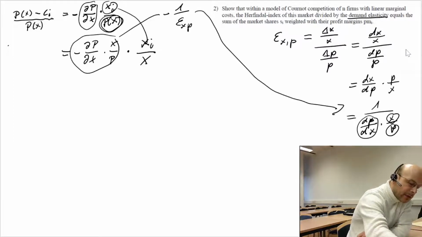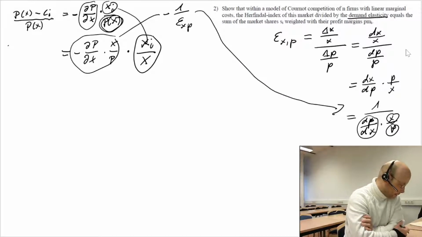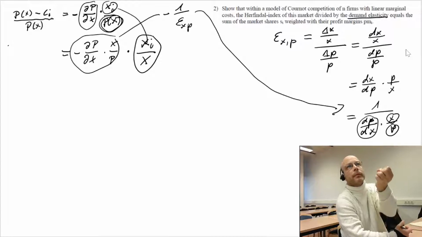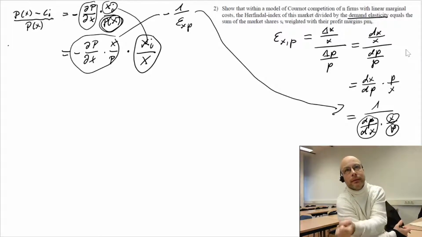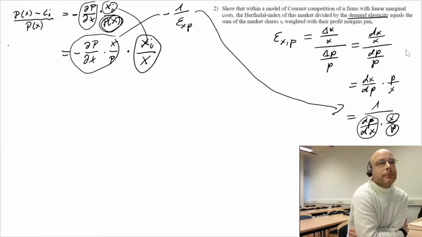And now we are coming to the Herfindahl index. What is this? The quantity I'm selling divided by the total quantity of the market equals what we are summing up in the Herfindahl index.